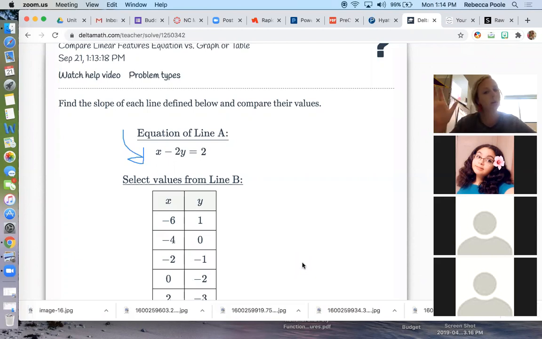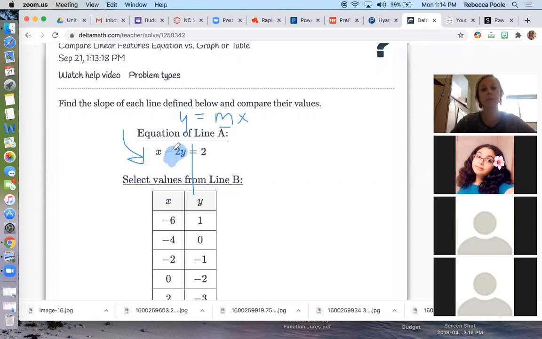Yes. Okay, beautiful. How do we find the slope of an equation? What form does it have to be in? Y equals, and then here's my slope right here, the m. So whatever's with the x, that's going to be my slope. So we need to solve this for y equals. So I'm going to cover y.